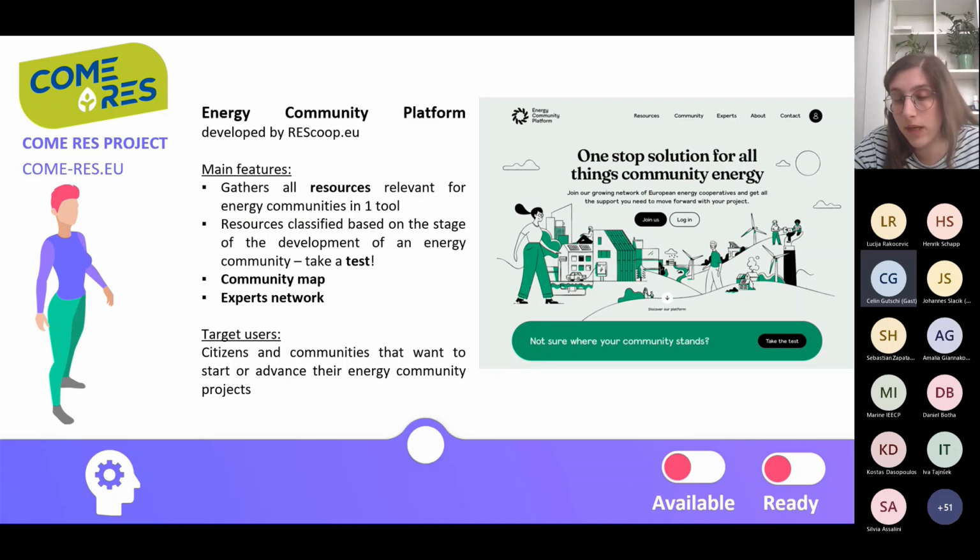Some projects are already supporting our platform, for example Eco, Compile, and of course ComRes is one of the projects that will participate in this platform and will add several features and resources. My colleague will explain in just the next slide what ComRes will add.